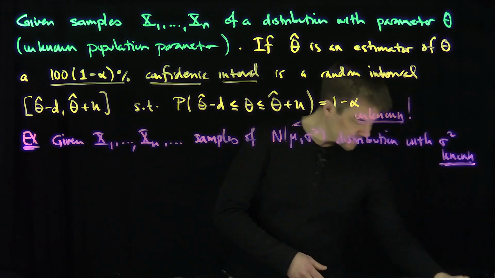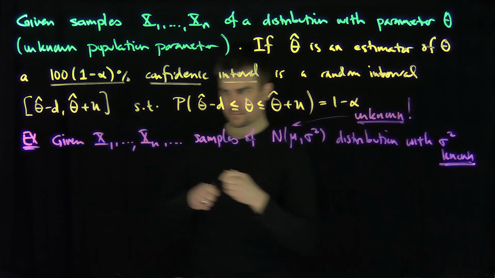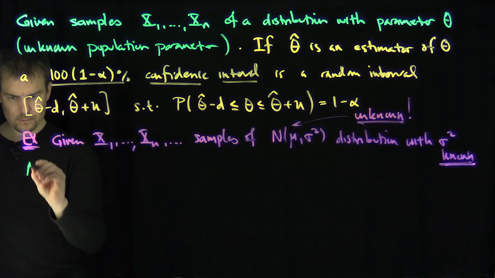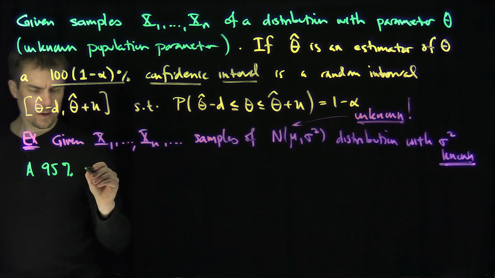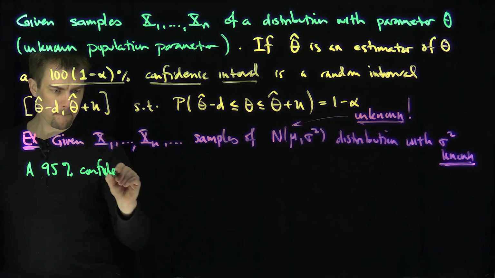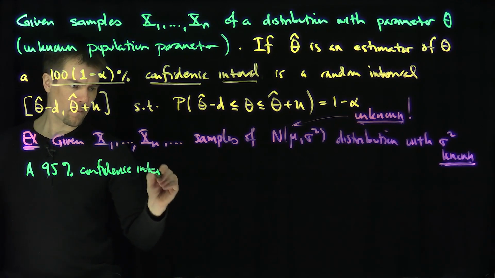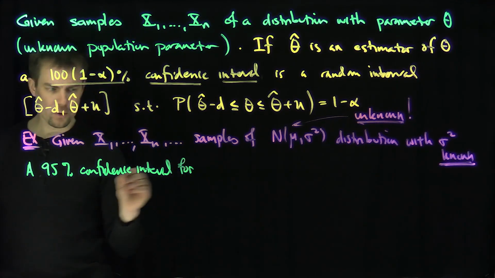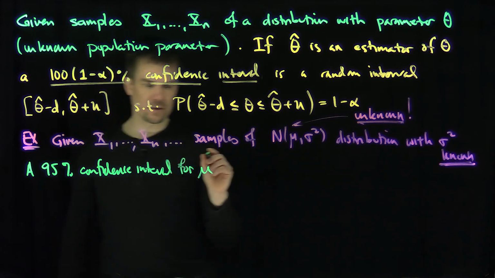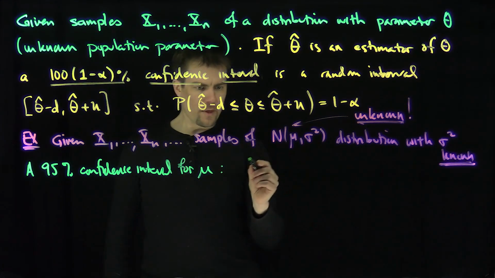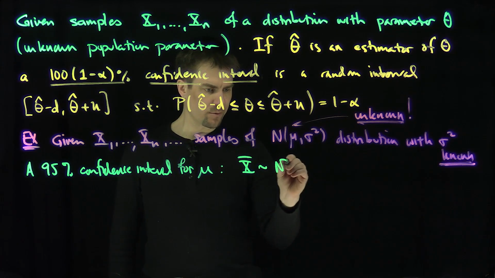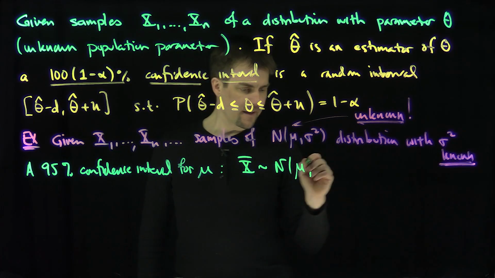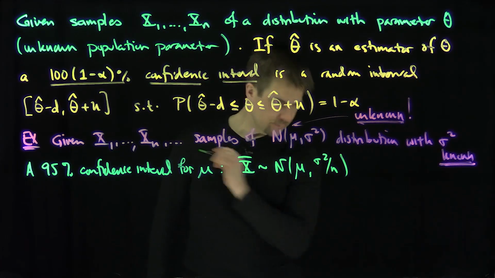And so to construct, say for example, a 95% confidence interval for mu, we proceed as follows. We know that x bar, the sample mean, is normally distributed with mean mu and variance sigma squared over n.